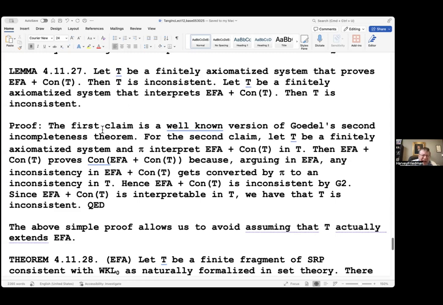But technically speaking, given what we're doing, we want to stick with interpretations rather than provability. So we actually need this. Let T be a finely axiomatized system that interprets EFA plus con T, then T is inconsistent.